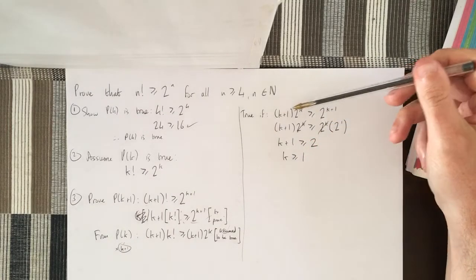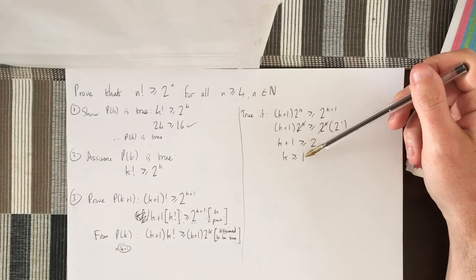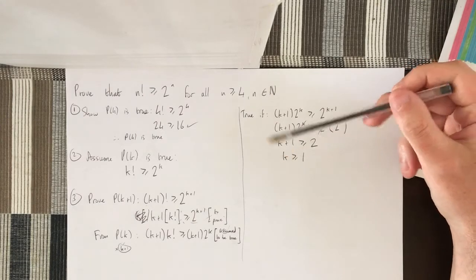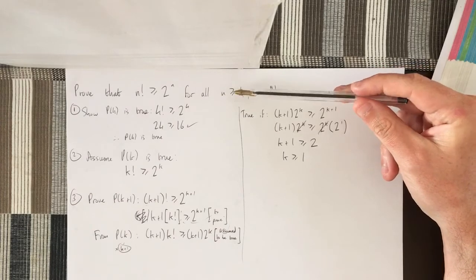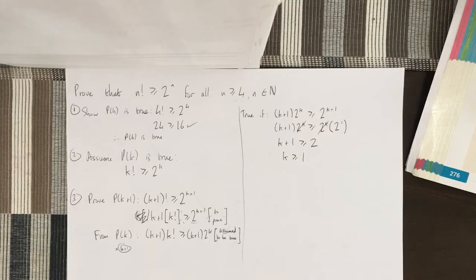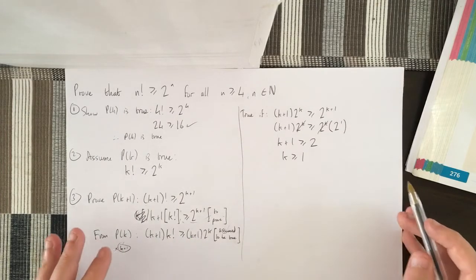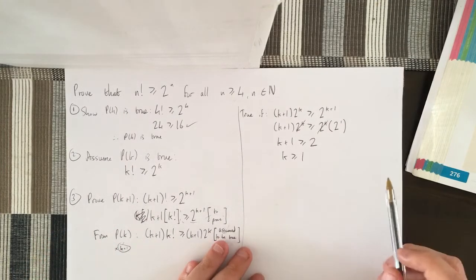Okay, so this bit here is true if k is greater than or equal to 1, which means the overall statement, because we're only trying to do numbers bigger than or equal to 4, must also be true. The logic of that I talk through at the tail end of a previous video. You can have a look at that. I think it's the second induction one.